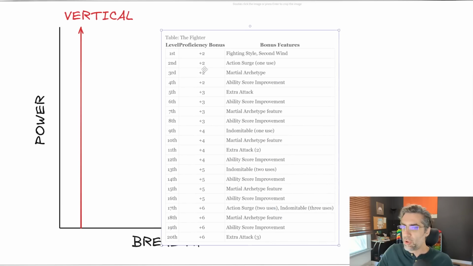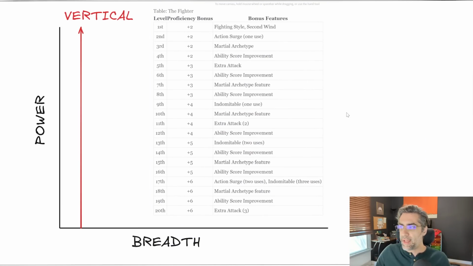A great example would be the 5th edition fighter as a base class. They gain feats over time, sure, but the feats in 5th edition don't actually open up a ton of different playstyle options after your first one or two. So the fighter is overall a vertical progressing character.